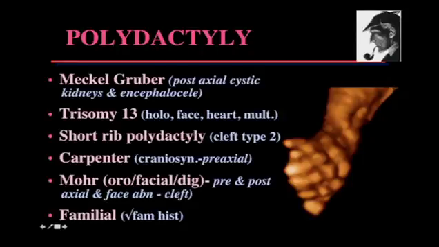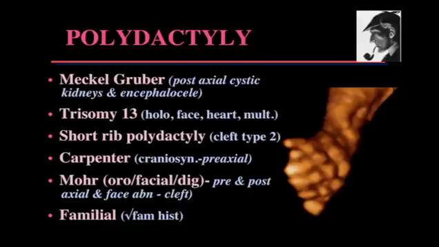Short rib polydactyly syndromes. There are 3 of the short rib polydactyly syndromes, and these are skeletal dysplasias. Their short ribs indicate their skeletal dysplasia. They also have short long bones, and they tend to be quite lethal due to the short ribs and the hypoplasia of the rib cage and hence the lungs.